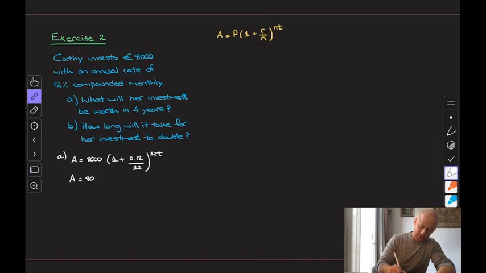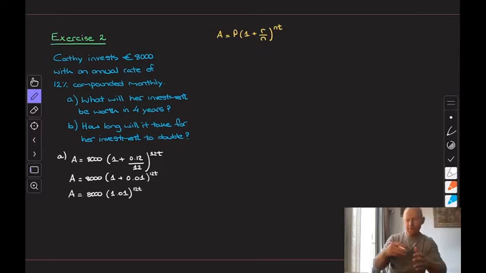That's 8,000 times 1 plus 0.12 divided by 12, which is going to be equal to 0.01, raised to the power of 12t. And finally, A is equal to 8,000 times 1.01 raised to the power of 12t.